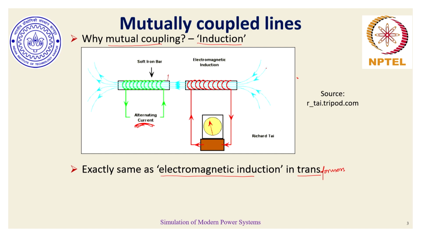the lines that are glowing here are basically magnetic flux lines. And if we have another such solenoid present in close vicinity to the soft iron bar across which current is flowing, then this solenoid will also show current detection.